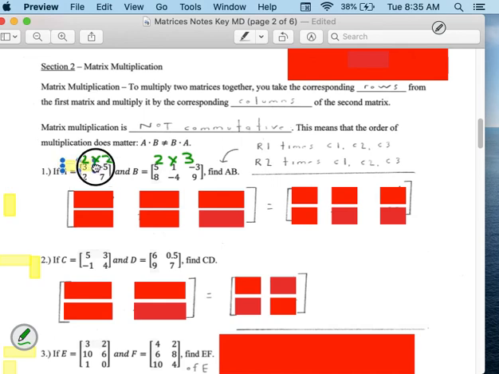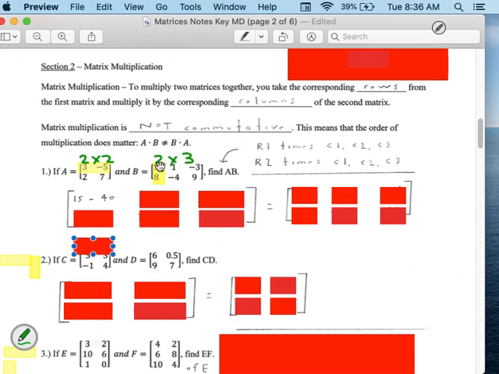So row 1 is 3, negative 5, and column 1 is 5, 8. I'm going to use these yellow boxes to show you what we're going to multiply together. We take 3 times 5 and add it to negative 5 times 8. So it's row 1 times column 1. I'm going to write in green, and I think this might be useful for you to add in your notes packet.